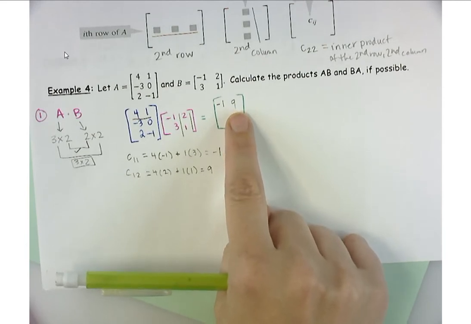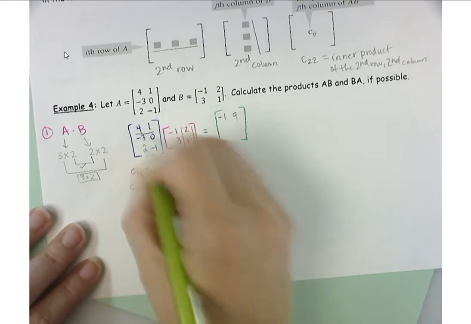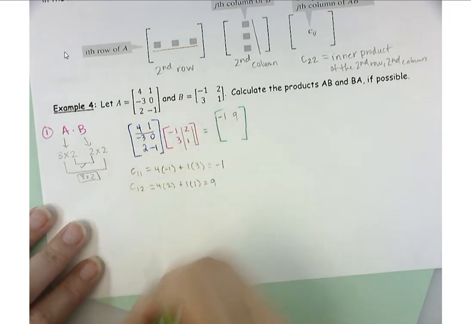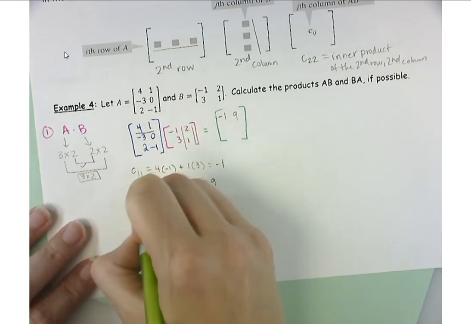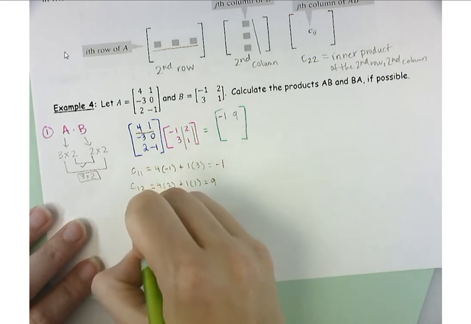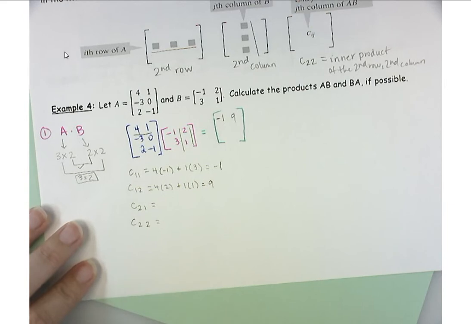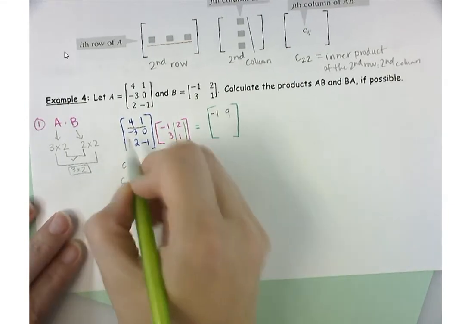You guys want to do one more together? You think you can do the second one? Okay, so now that I've done the first row, now I'm going to go to the second row, and I'm going to do the first column, and then I'm going to do the second row, the second column. Okay, so now I'm going to underline this one.